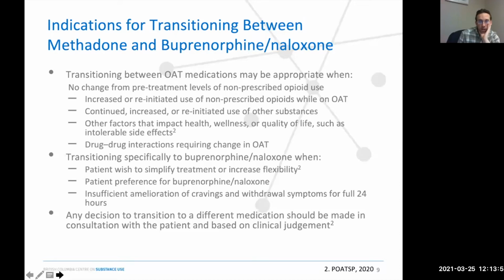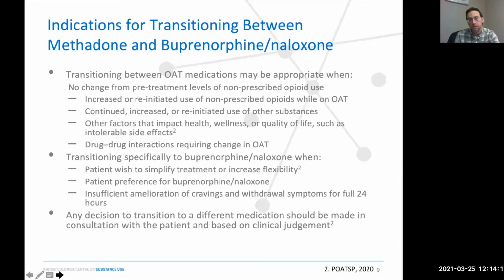Other factors include wanting lower barriers to take-home doses, wanting to have fewer drug interactions if you're on lots of different drugs, wanting to have less impact related to certain medical conditions like cardiac conditions.